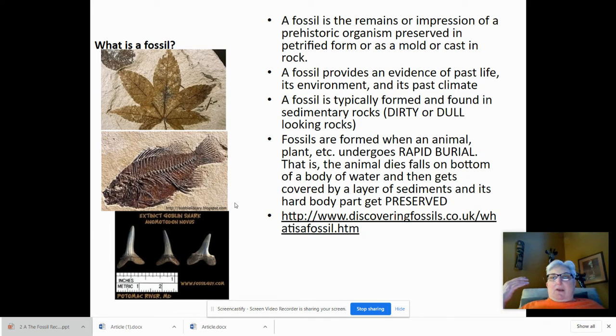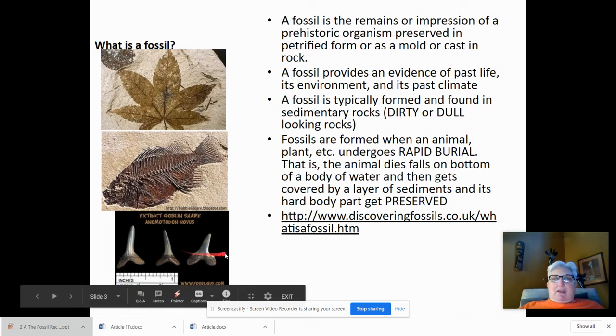So hair could be a fossil. So anything that doesn't get broken down over long periods of time. So as I said, fossils can be a lot of different things: impressions, petrified rock, molds, casts, all those things, teeth, like you see down here.